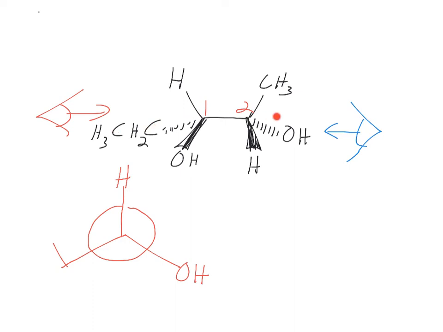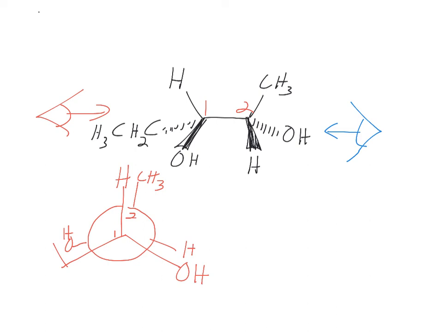As I look down to carbon 2, what do I have at carbon 2? Something at my head or my feet? I have something at my head. So there's the CH3. To my left, I have an OH, and to my right was an H. And that's what this is, carbon 1, and then behind it was carbon 2.